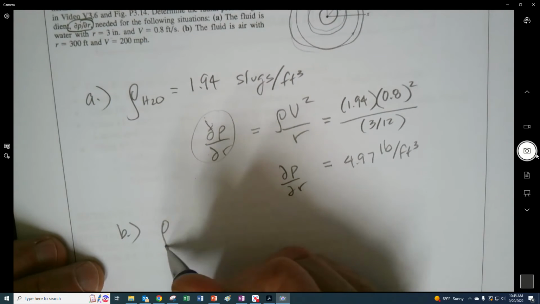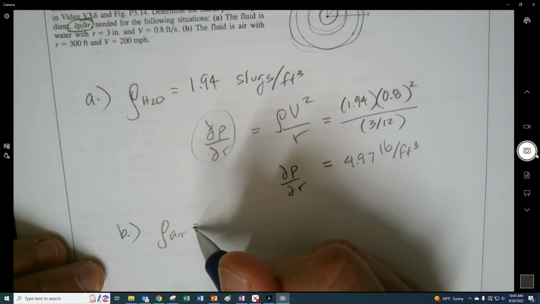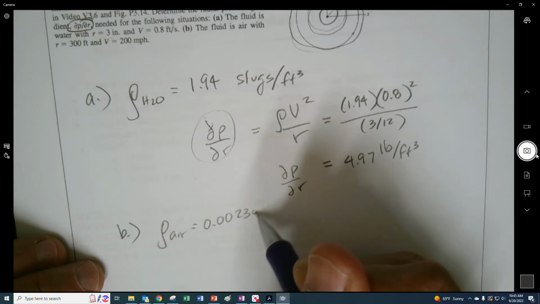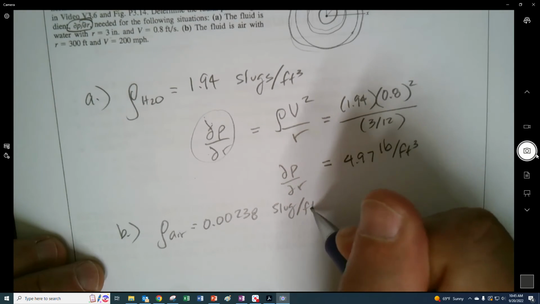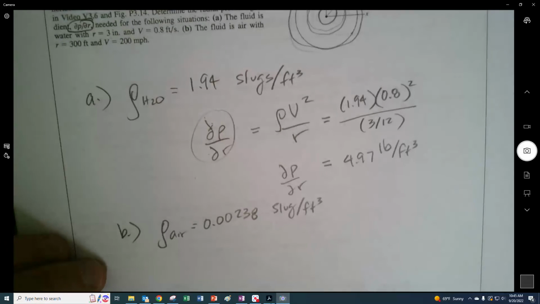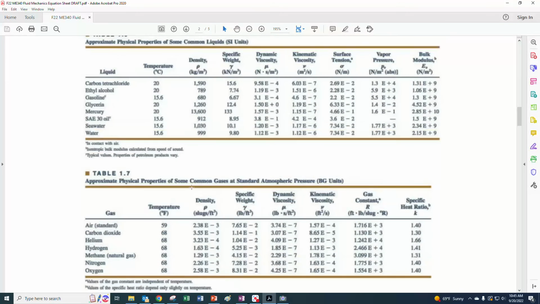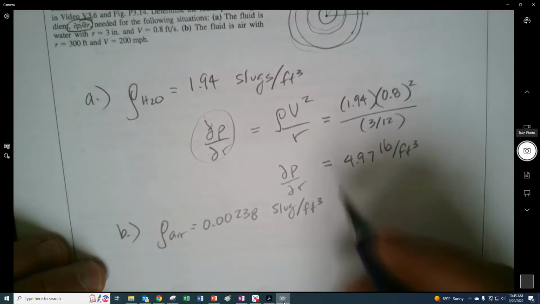And here we're going to get the density of air for this, which is going to be 0.00238. I'm using it out of this resource right here, right? So there's 2.38 e to the minus 3, so that's the same thing that I just used.